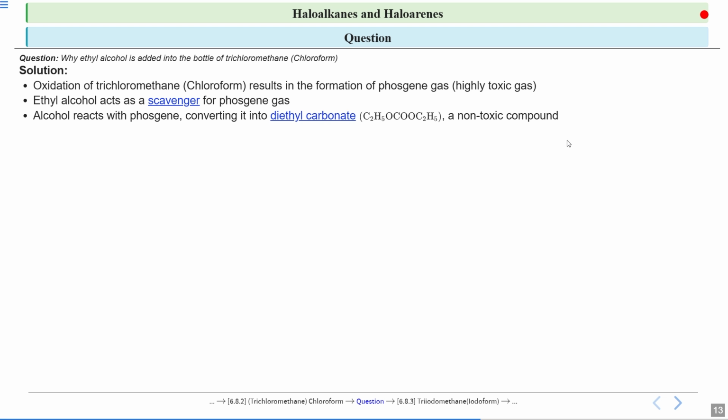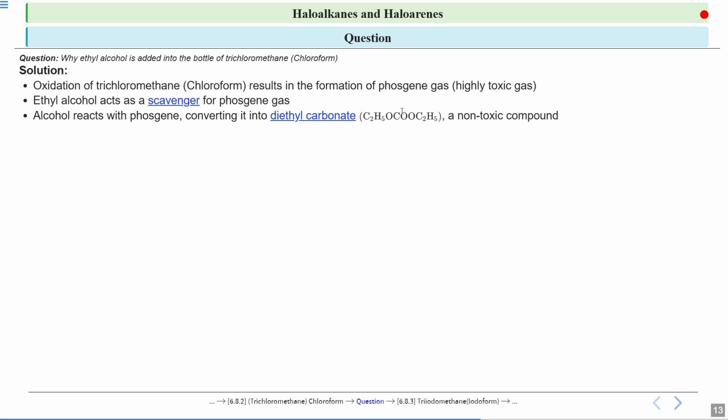Now if phosgene gas forms by the oxidation of chloroform, it will react with the ethyl alcohol we added to the chloroform. Conversely, the ethyl alcohol reacts with the phosgene gas just formed and converts it into diethyl carbonate.